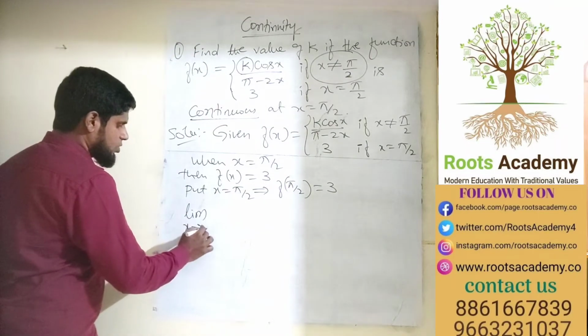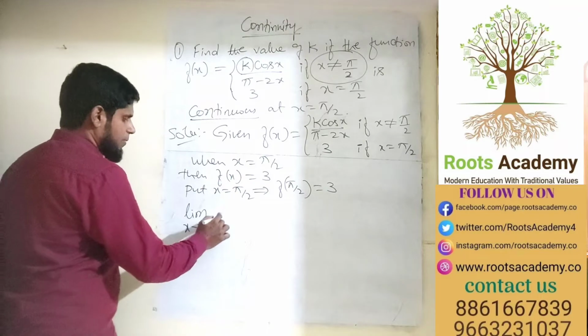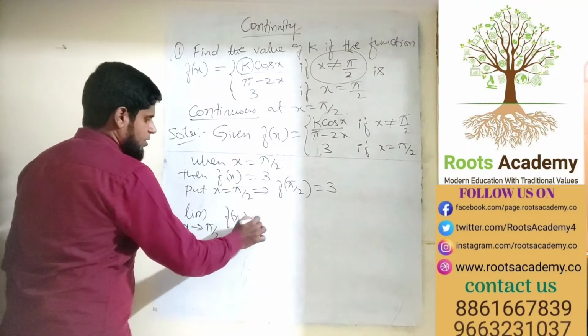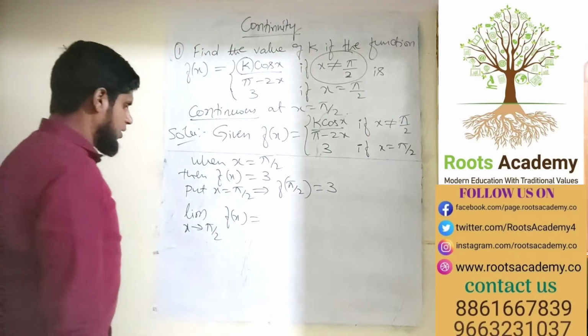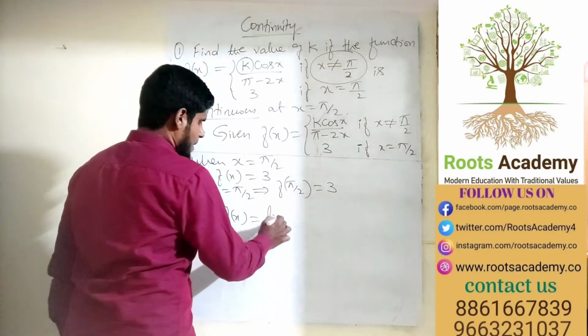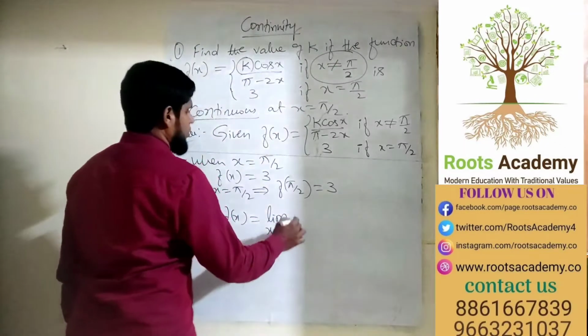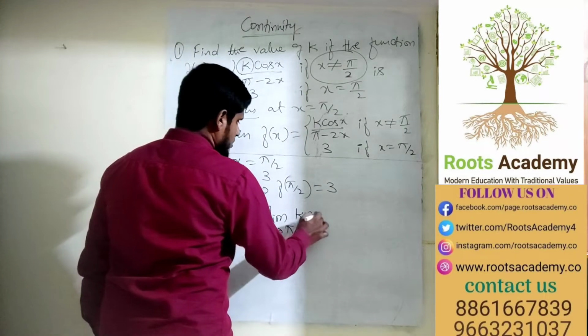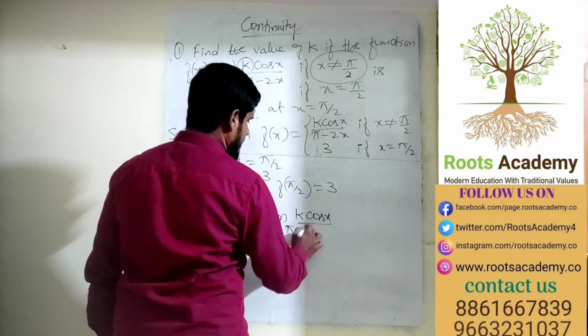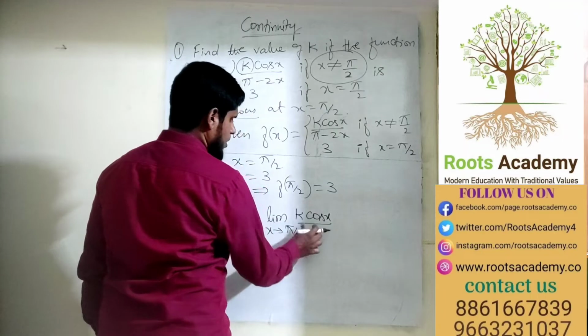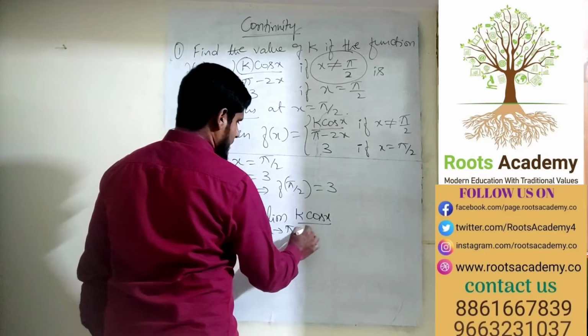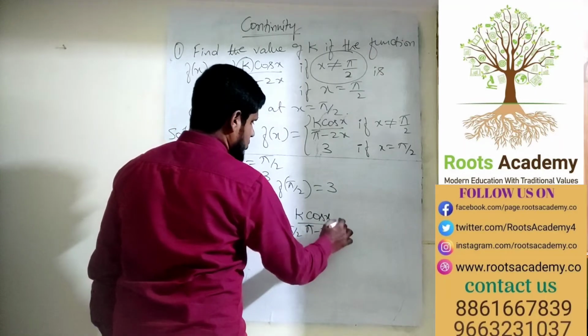Limit x tends to pi by 2 of f of x is equal to limit x tends to pi by 2 of k cos x divided by pi minus 2x.